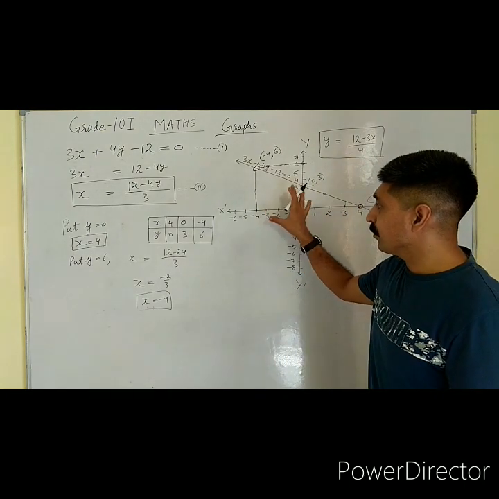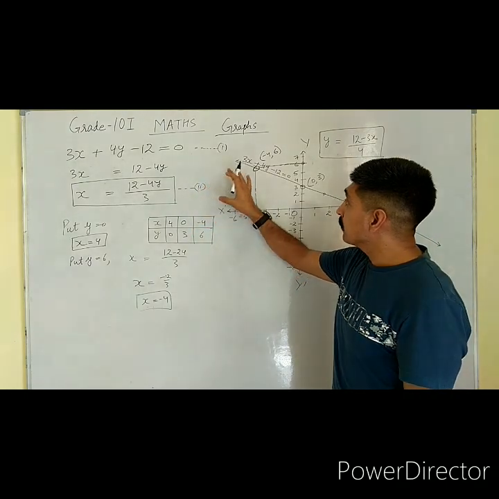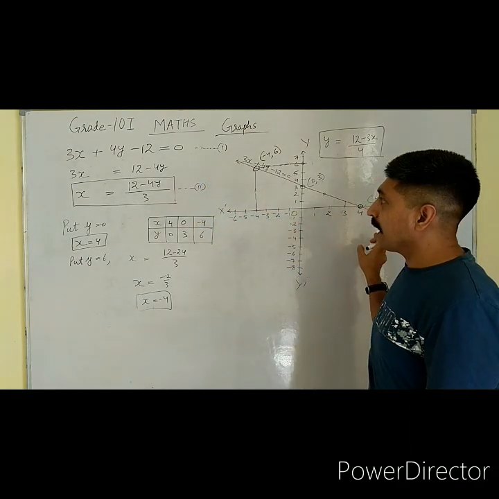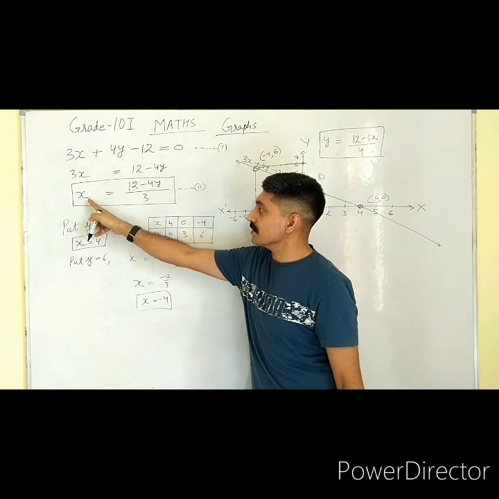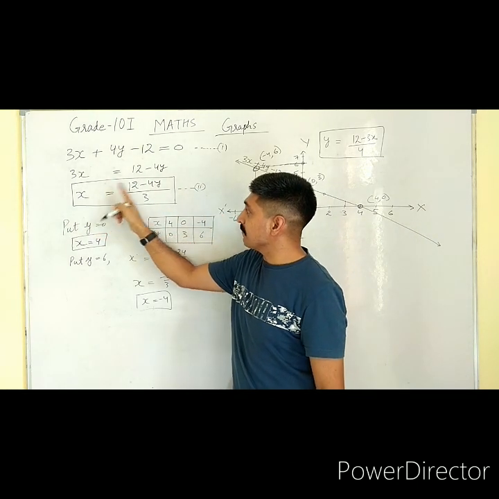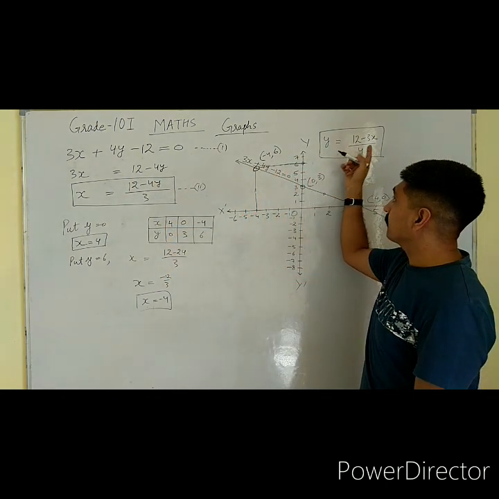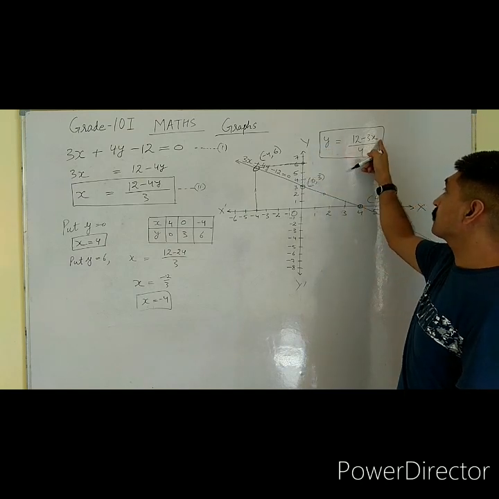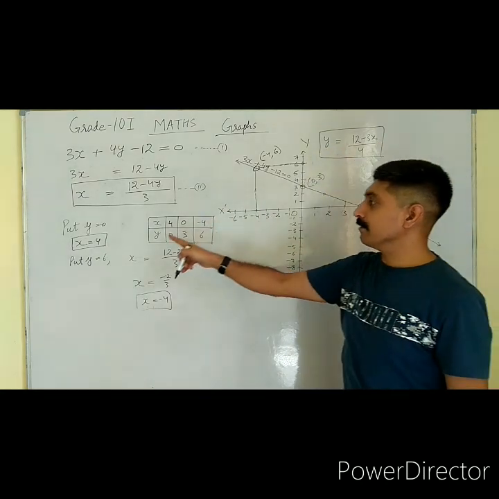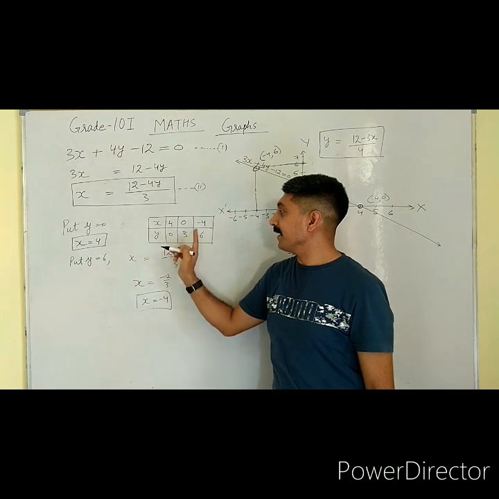So dear students, I hope you understood how to draw a line on the graph. First we will write the equation as x in terms of y or y in terms of x. If we want to find the solutions in this form, we will substitute the value of y.